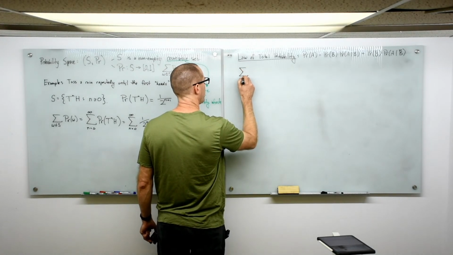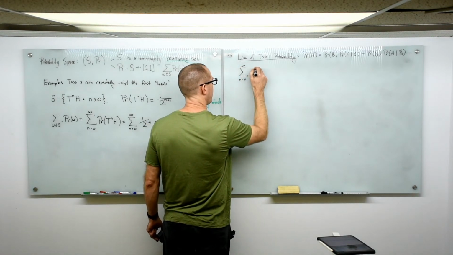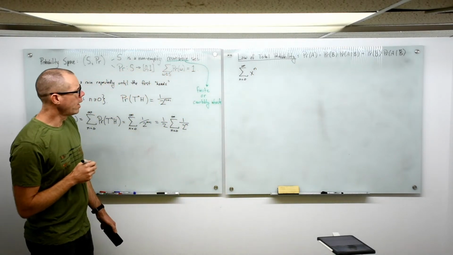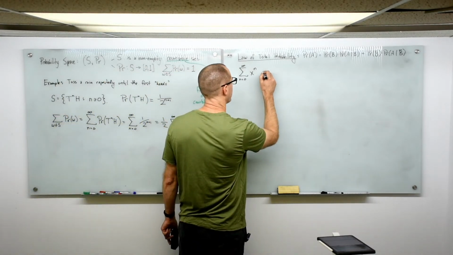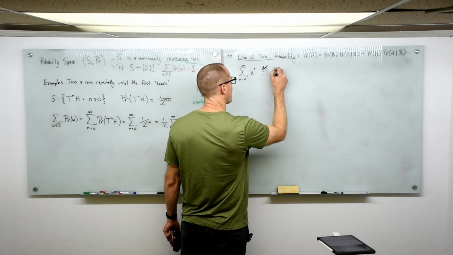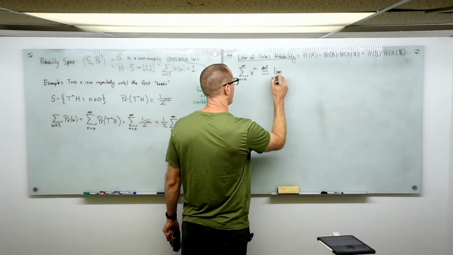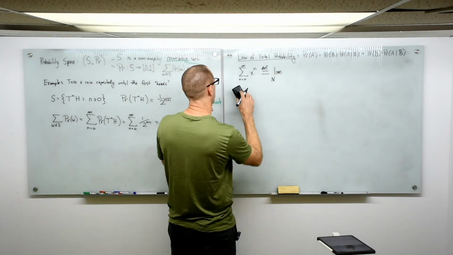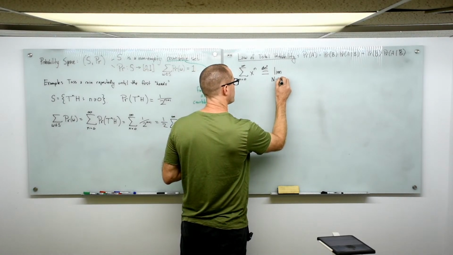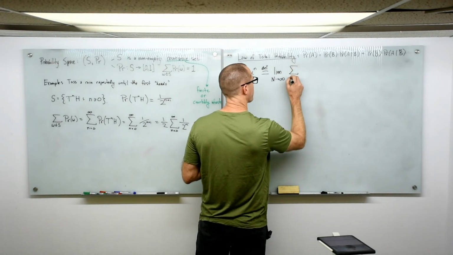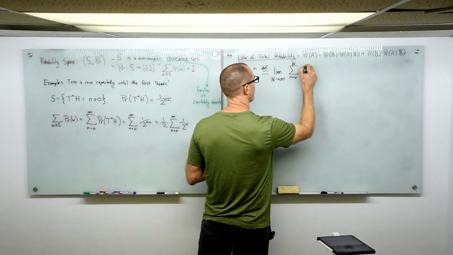If I want the sum n equals 0 to infinity of, let's say, something like x to the n, well, the definition of that, it's actually equal to the limit as big N goes to infinity of the sum little n equals 0 up to big N of x to the n.